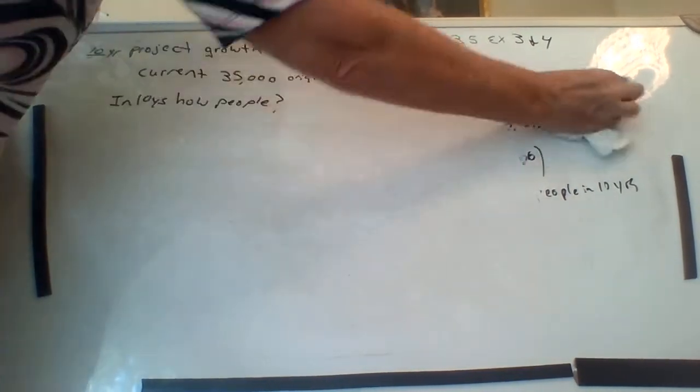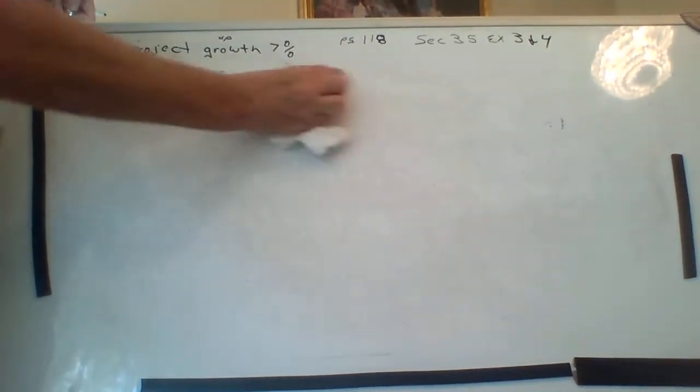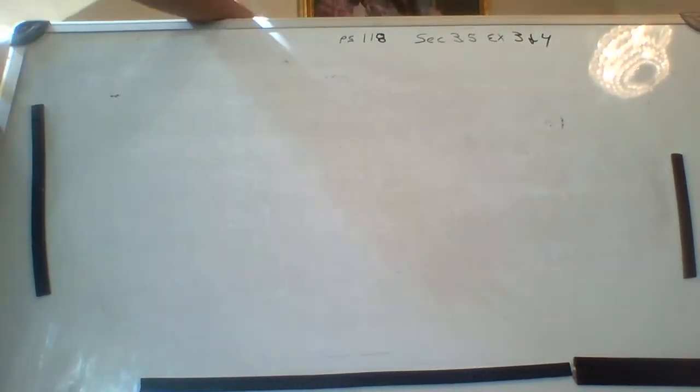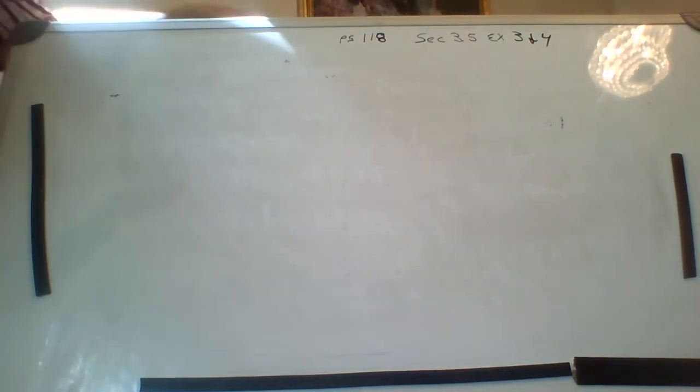Let's look at example 4. It says, talking about a runner. I need to turn my book, so give me a minute to turn my page. Through dedicated training, a runner was able to decrease his time, because that's your goal. You want to run faster. So we're talking about decrease.